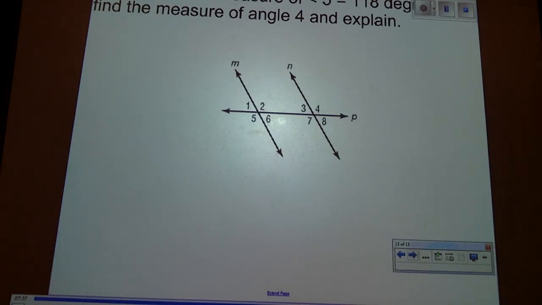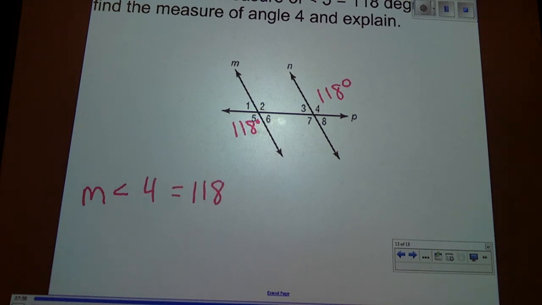Okay, if the measure of angle 5 is 118 degrees, find the measure of angle 4 and explain. Well, 5 and 4 are both exterior angles and they're alternating across the transversal. So they're alternate exterior angles and they have the same measure.